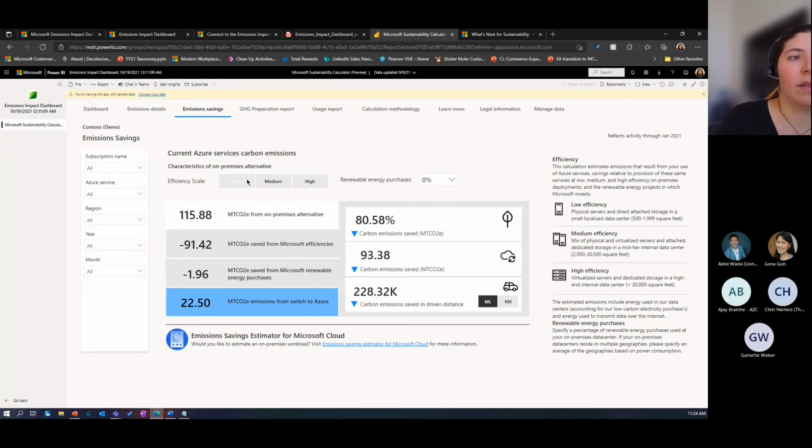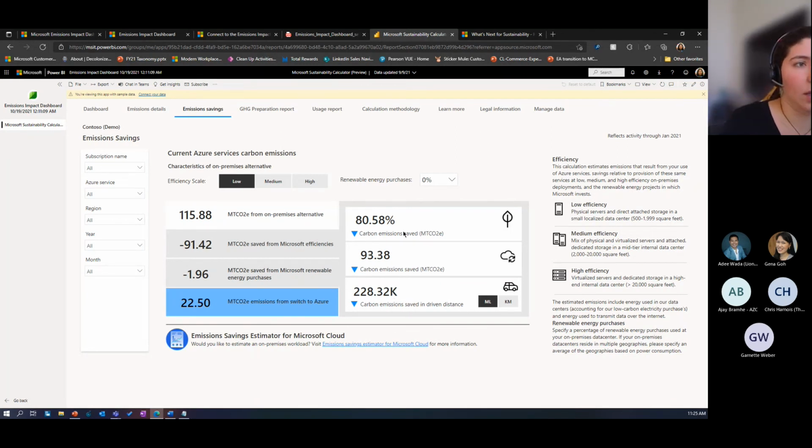So that's again accounting for that range that I mentioned before. If you have a data center that had low efficiency, high efficiency, you can make those changes here. You can mention how much renewable energy you already purchased, and that will generate an estimate of what your emission reduction will be.